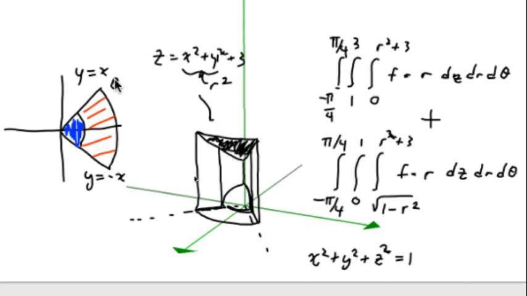Well, that's theta equals pi over 4. You see it? And so same thing, y equals negative x, it splits the fourth quadrant exactly in half in terms of angle. So that's theta equals negative pi over 4. Good?